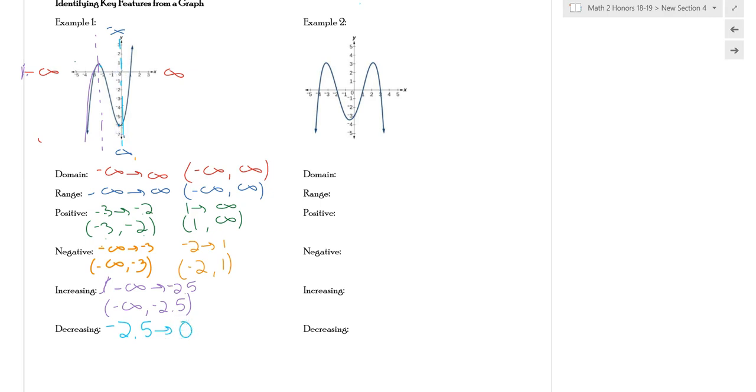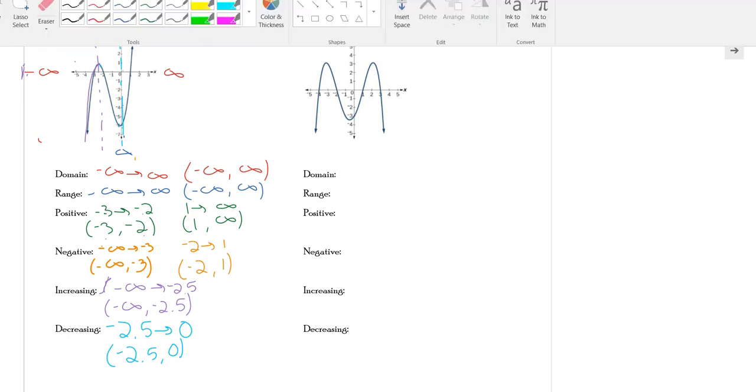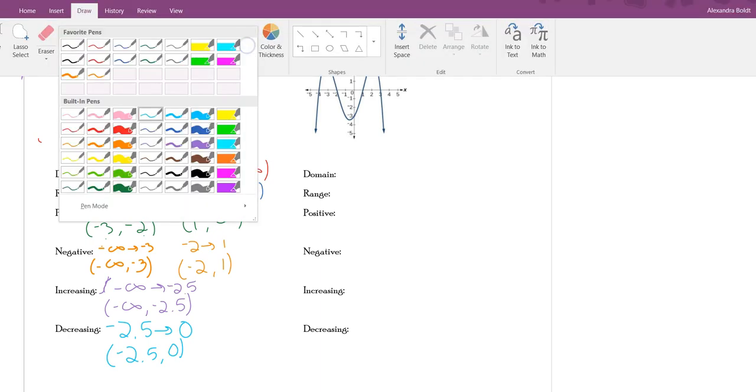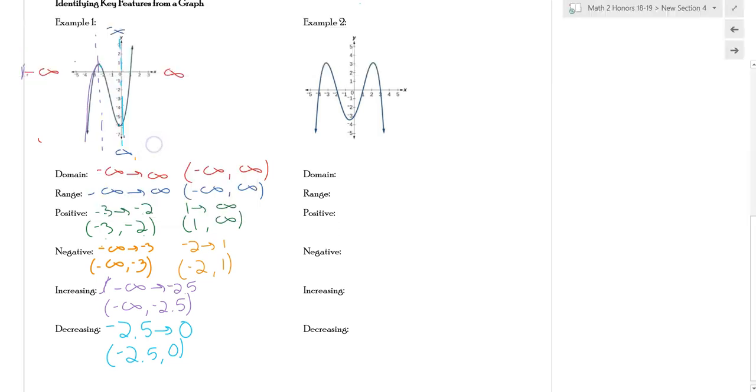That's the x value. There are no other max or mins, but we have to finish the rest of our graph. We still have to do this part over here, which is going from a low point to a high point. So that's starting at 0 and going to infinity.